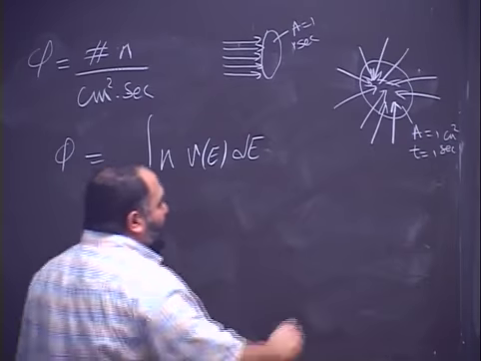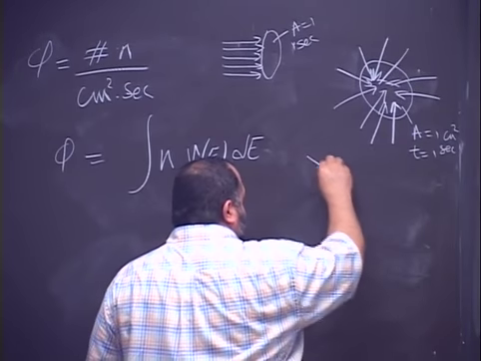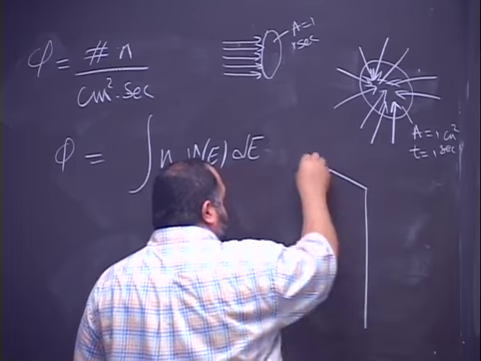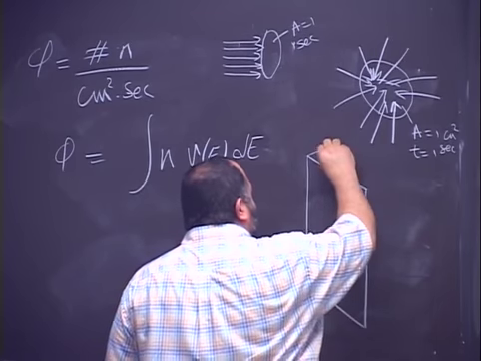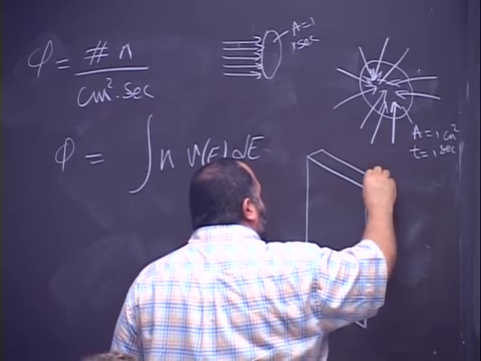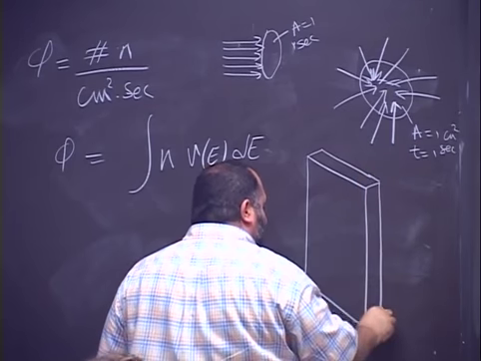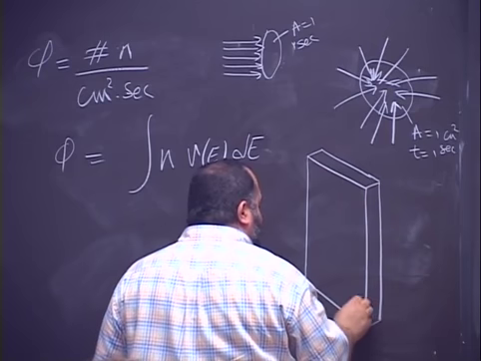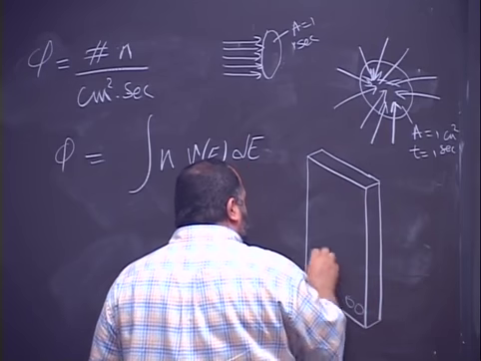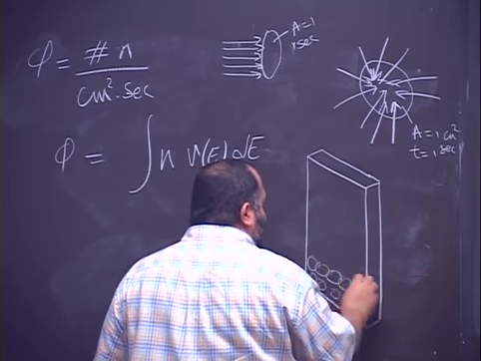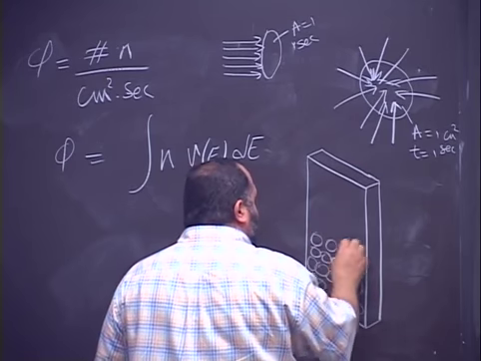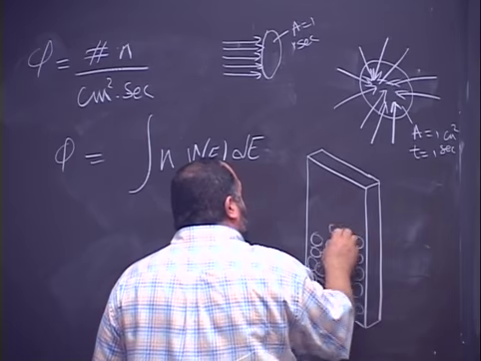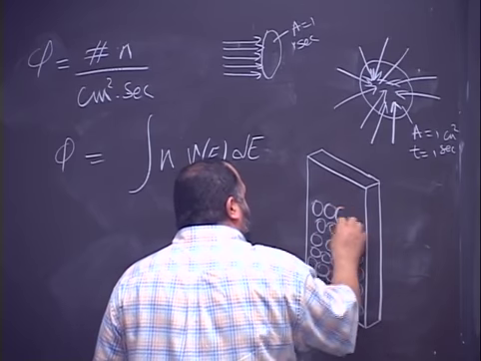So if we have a target, and our target, we make it thin enough so that the nuclei inside the target will always see the same neutron intensity. This is why we want to make the target thin enough.